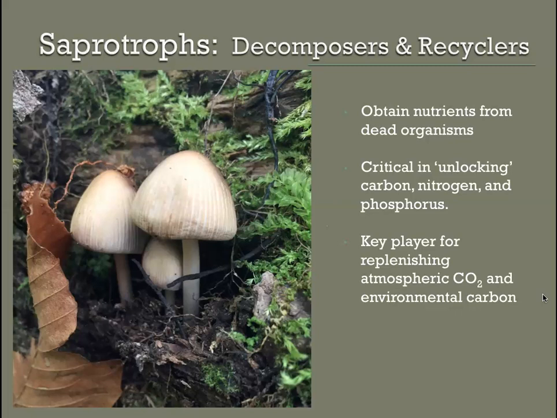They are called saprotrophs, or they have a saprophytic lifestyle, meaning that they obtain their nutrients from dead organisms. So the red-belted polypore is feeding off that tree, its components, the carbon-based components, and also this Coprinus.